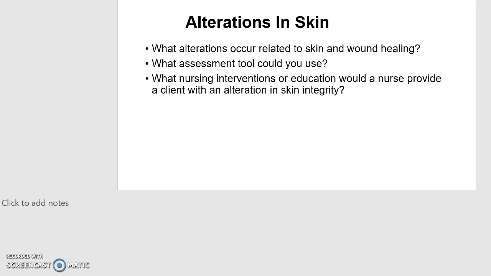An assessment tool that we could use to predict pressure ulcers would be the Braden scale, and then nursing interventions that we could provide a client if they have an alteration in skin integrity.